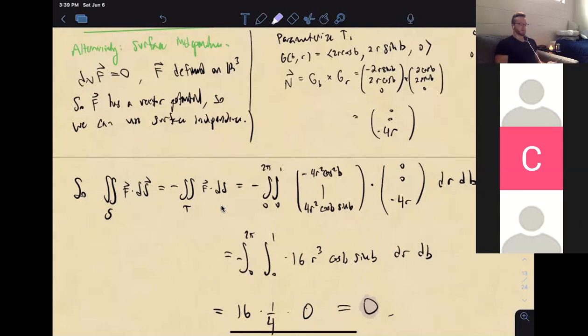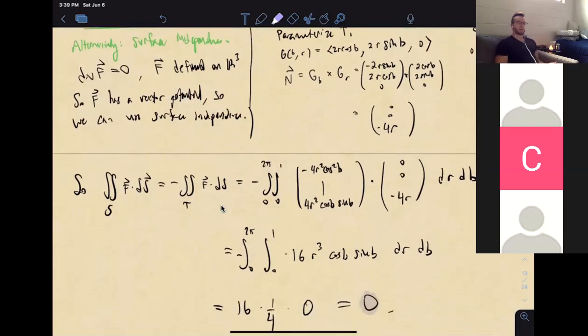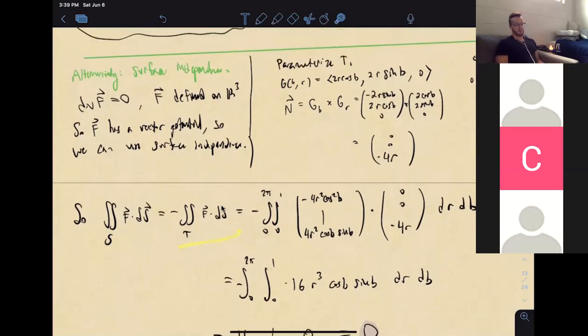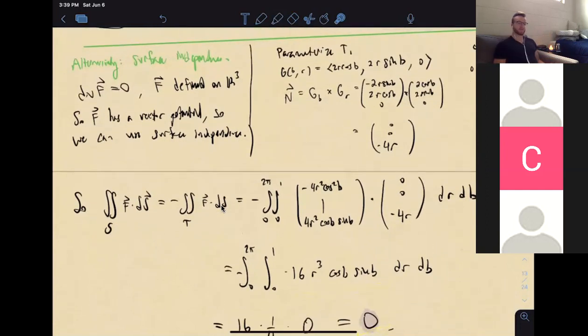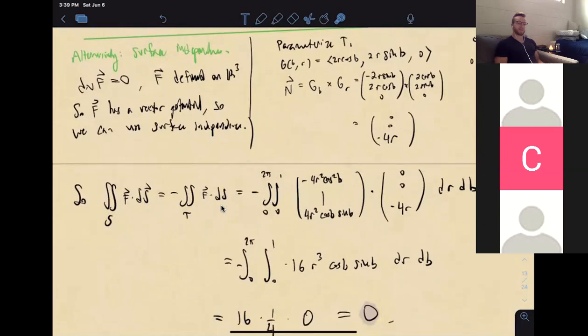Instead of integrating over s, we decided to integrate over t. Then we cooked up a parameterization, motivated by polar coordinates, but it's just a parameterization at the end of the day. And then we solved the double integral. So I would say yes.